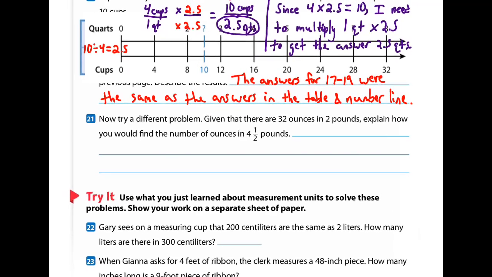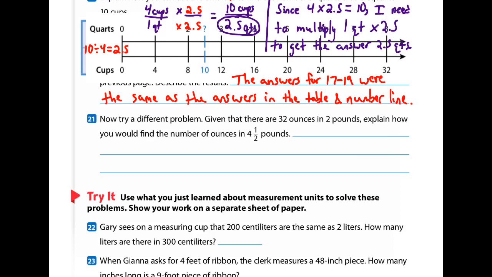Now, here's your goal in this one, that you found the number of ounces in 4.5 pounds and you explained it. How you did it might be totally different from me. So if you get the wrong answer, then yeah, I do want you to pause it and make corrections. But what I'm going to do first is show my work on the left of that line, and I'll use the right of that line to explain it.